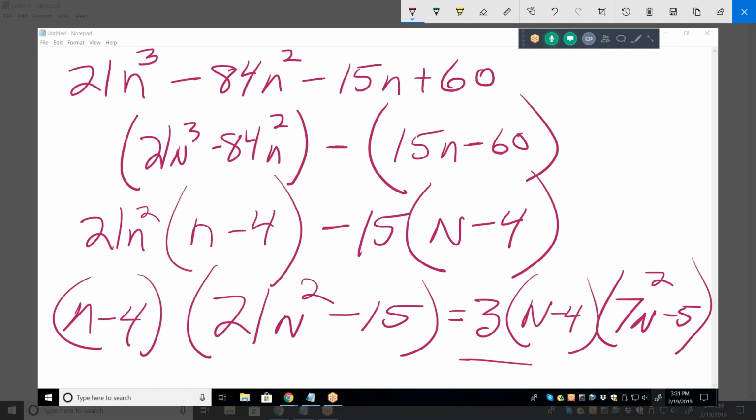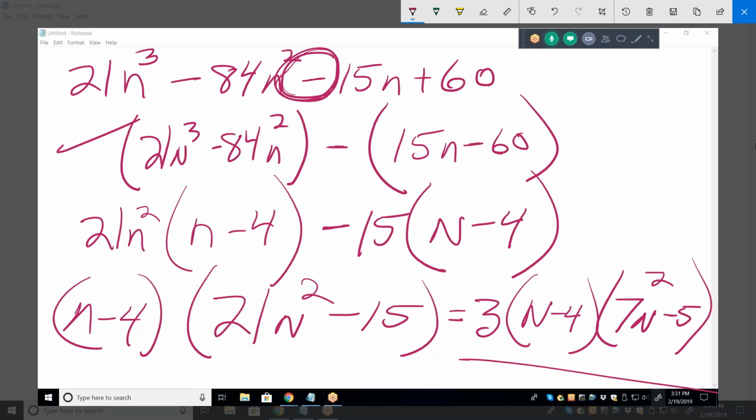So that would be my final answer. But the key distinction is that negative sign right there. When you see that negative sign separating the first two terms and the last two terms, be very careful when you write the second line that it matches the first line.